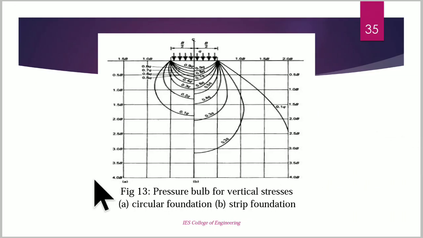Now let's have a look at the diagram, figure 13, with the pressure bulb of vertical stresses for both the circular foundation and the strip foundation. As the contact pressure is more in the case of the circular foundation, the size of the isobar reduces in comparison with the size of the isobars of the strip foundation.